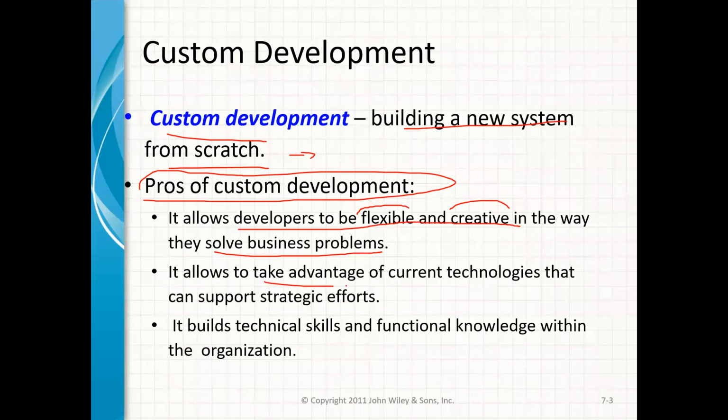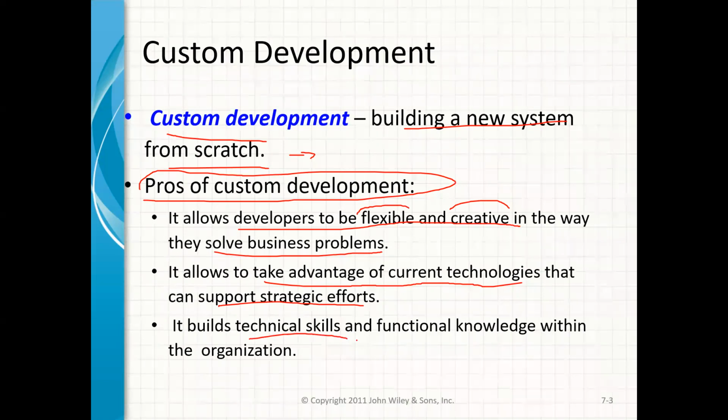It also allows you to take advantage of current technologies. I don't know if you are aware of which technology was used for developing Microsoft Word, but for sure, if you want to do it today, you will go with Java and other latest technologies. So it gives you that advantage.